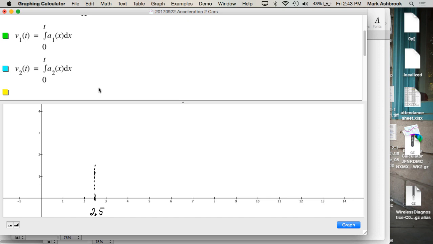But instead of just isolating that one moment in time, let's just graph them, right? Y is equal to, and I'm going to use a new window. So y equal to v1 of, what am I going to do?